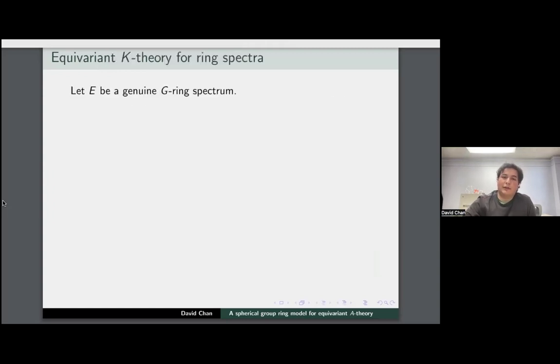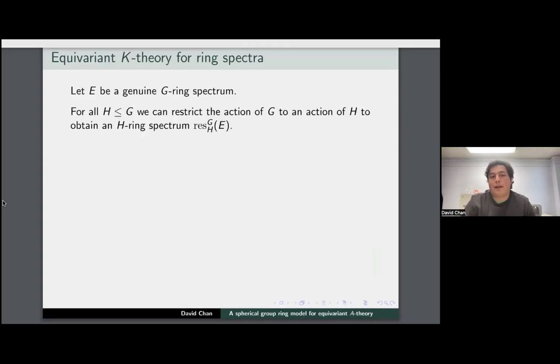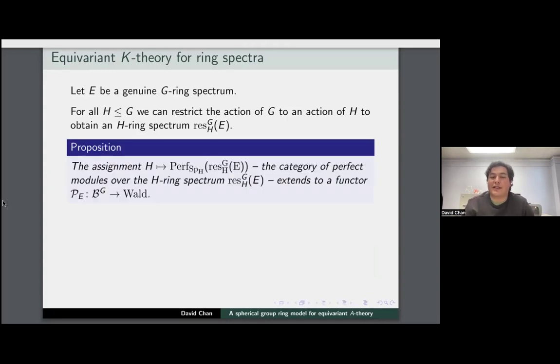So how am I going to build a spherical group ring model for equivariant K-theory or equivariant A-theory? I'm going to start with the genuine G ring spectrum E. And for all H, you can restrict the action of G to an action of H. This gives you a new H ring spectrum. And for all of these H ring spectra, you can take perf. If you want to just think about these as rings, you can think about these as finitely generated projective modules.